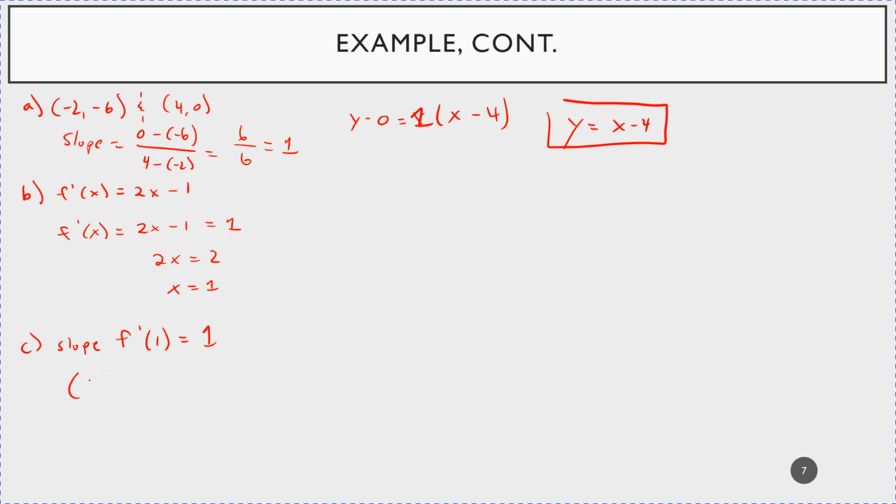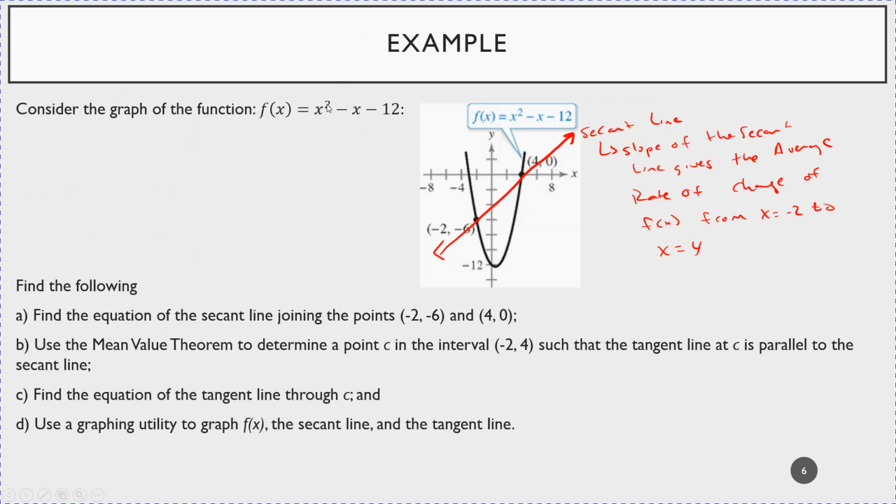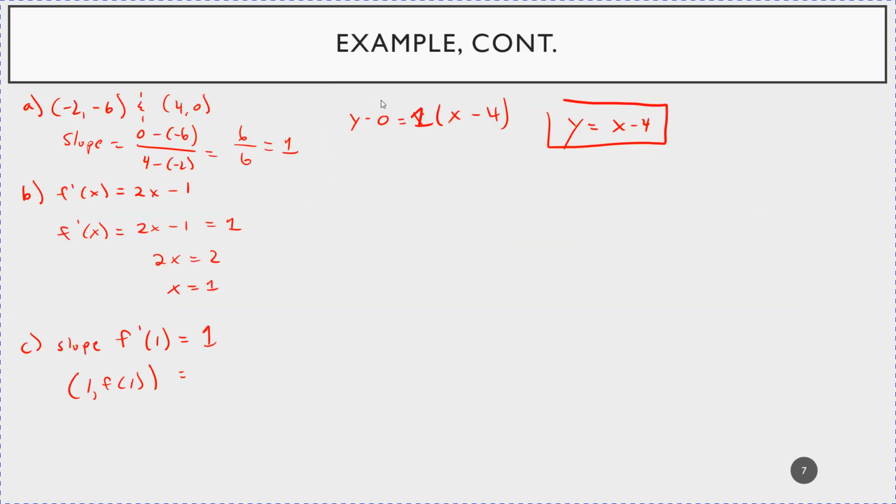And then to find the point, you're going to need f of 1. Well, if you plug 1 into our original equation, you get 1 minus 1 minus 12. So you get the point 1 comma negative 12.